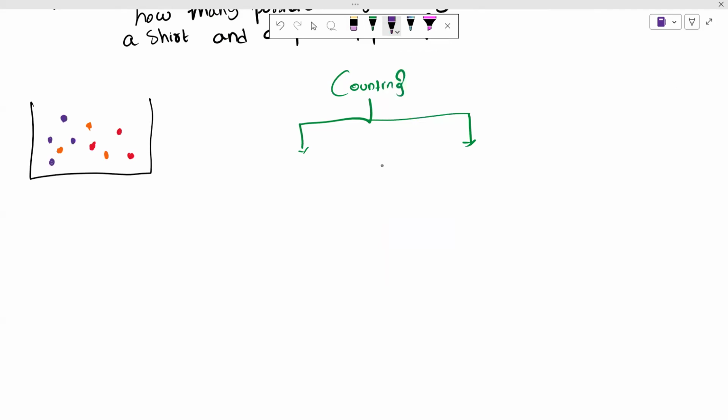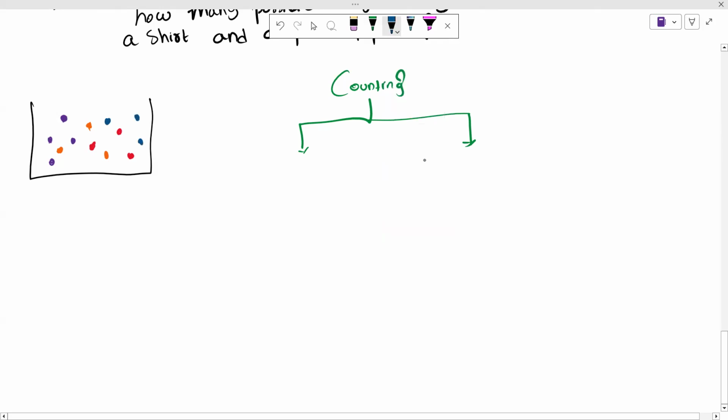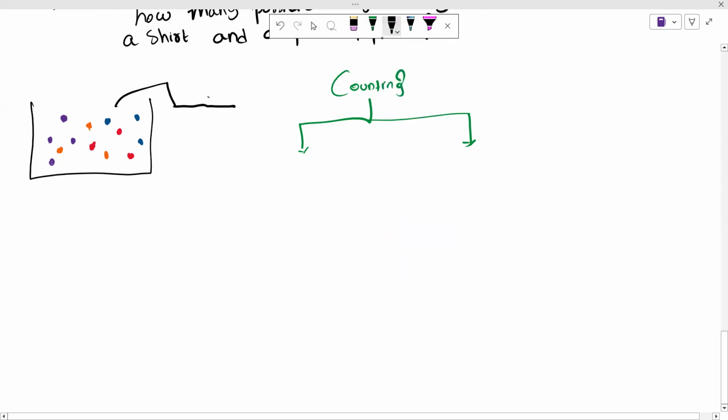Now here, my question is, just count. Listen, how will I count? There are different types of counting. First of all, in this box, how many different color balls are there? First you will say, sir, there is a blue ball.